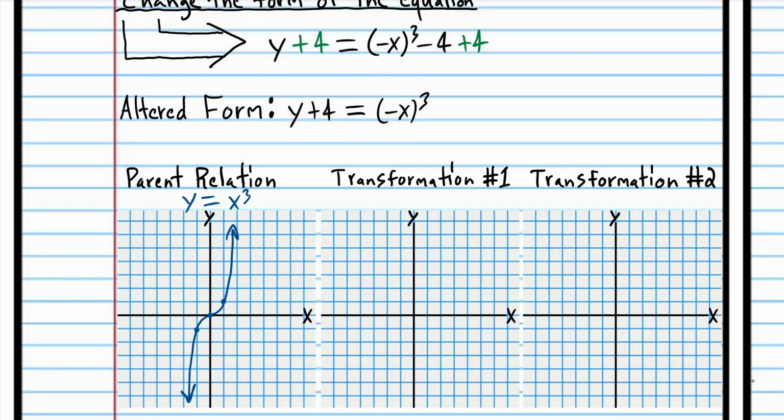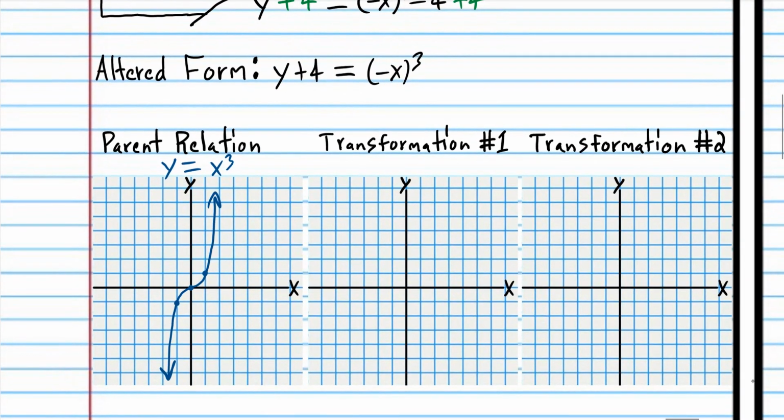So in this case, you can actually do either. It doesn't really matter which one you do because the operations are separated on each side of the equation. So I'm going to reflect first. So we're going to replace x with negative x.